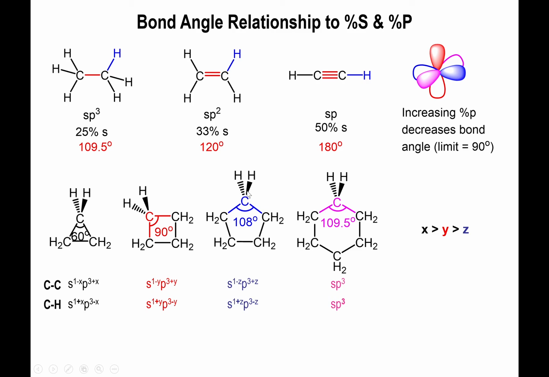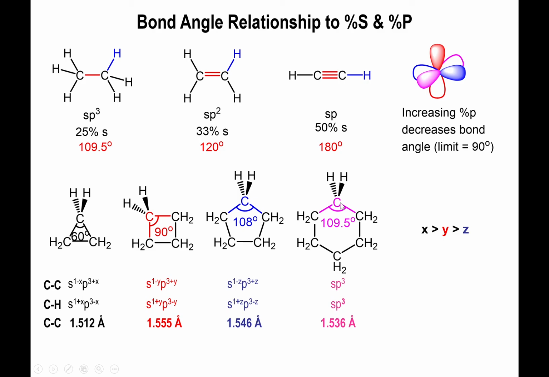Okay, so check this out. The S content of the CH bond is going to go up as you move from the hexagonal shape to the pentagonal shape to the square shape to the trigonal shape. So that means that, technically speaking, there's going to be some changes to the bond lengths. First of all, inside the ring, we know that the P content is going up from right to left.